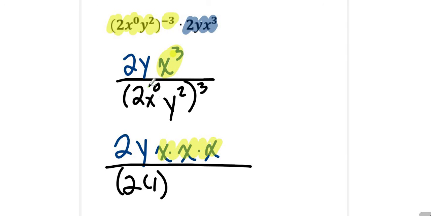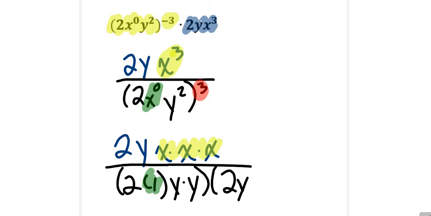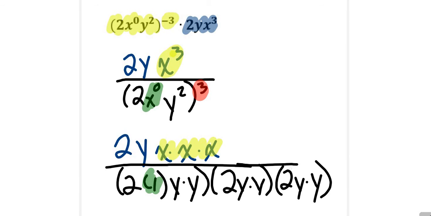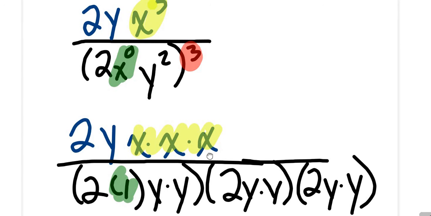Where did that 1 come from? X to the 0 power is 1 times y times y. And then we do that 3 additional times. So watch carefully. That's 2y times y. Boom. 2y times y. Notice I'm not rewriting that 1 there because obviously that's not meaningful.